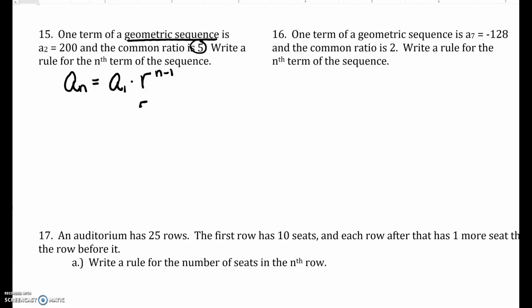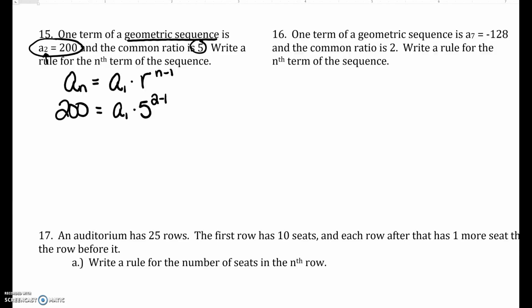So you're going to put 5 in place of the r. We don't know the first term. We do know that the second term is 200. So 200 goes here. You always put what the term is on that side. And because 200 is the second term, you use 2 in place of the n.